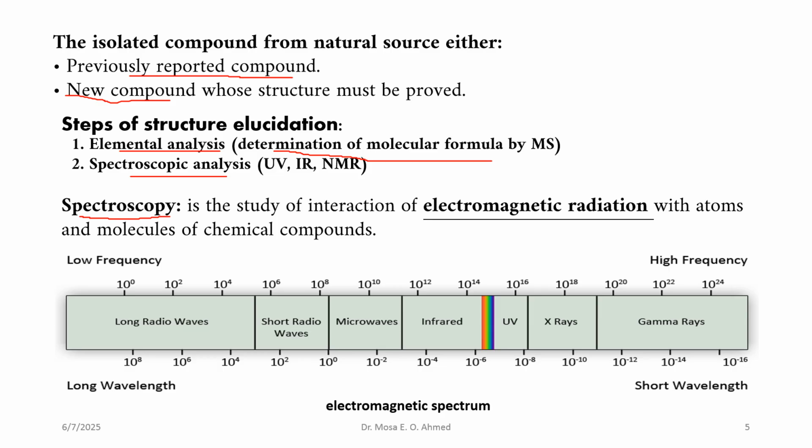In general, the electromagnetic spectrum ranges from long radio waves to gamma rays. The long radio wave, or actually the short radio wave, can be applied in NMR to determine the carbon and hydrogen atoms that are present in the molecules.